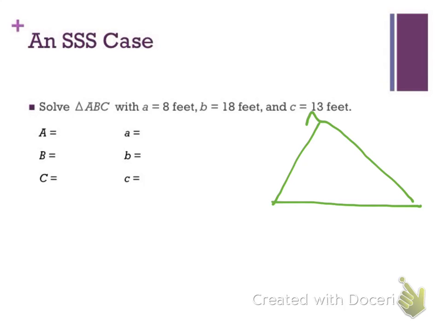We'll make this angle A, angle B, and angle C. And so that makes this side A, which will be 8. That makes this side B, which will be 18, and side C, which will be 13. Okay, and in our table, we'll go ahead and fill in 8 for A, 18 for B, and 13 for C.